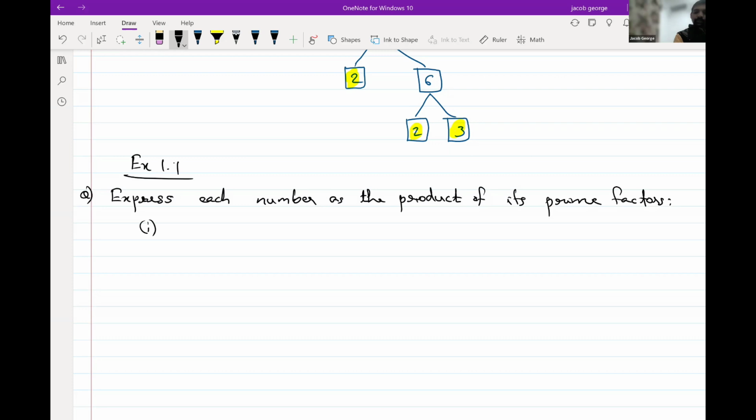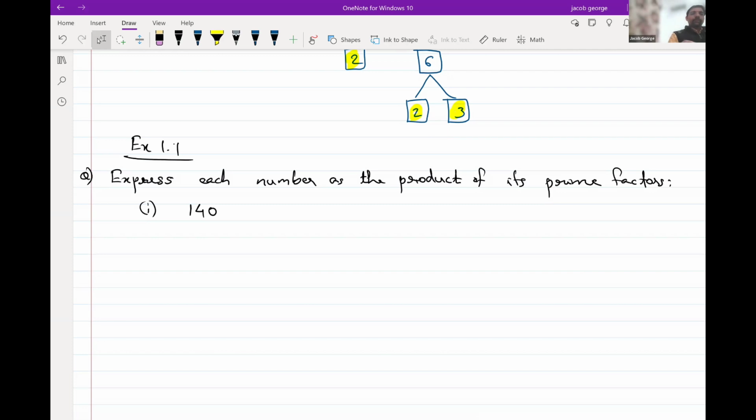First question is 140. Okay. So we'll do the prime factorization of 140.